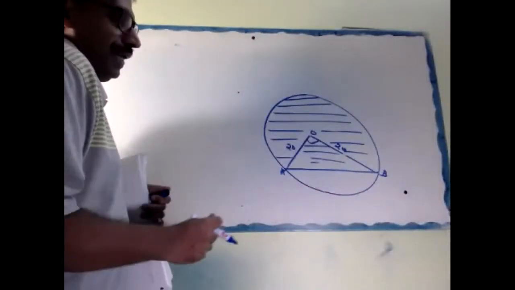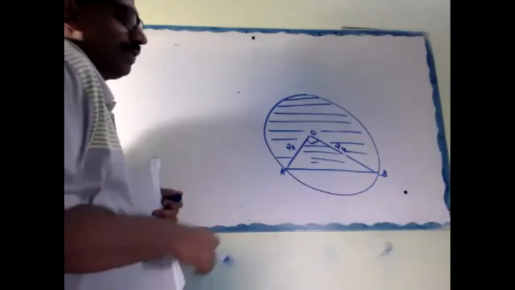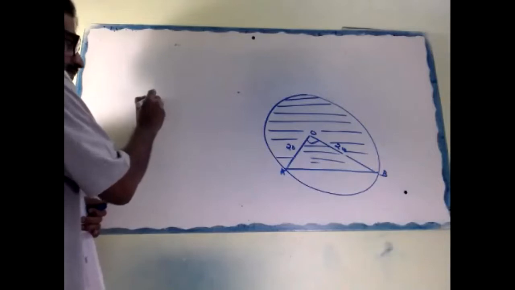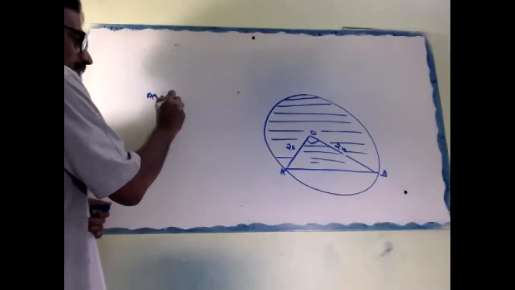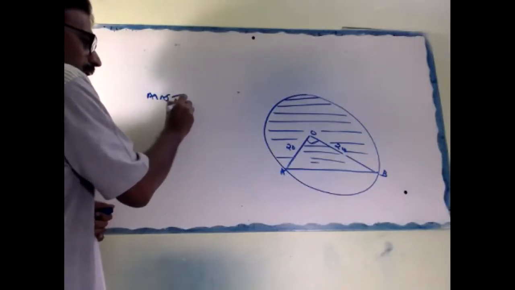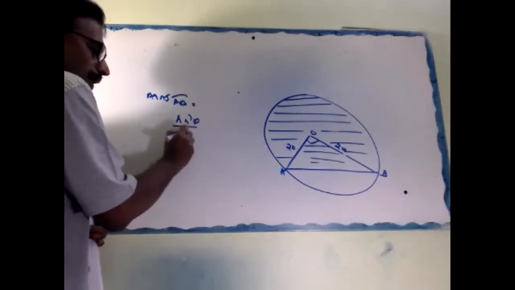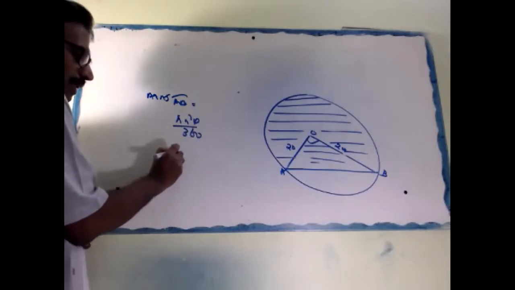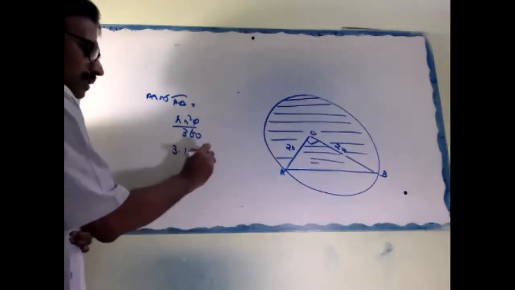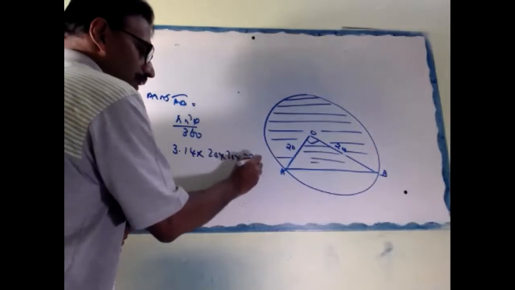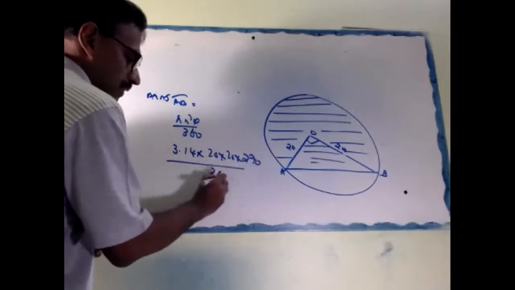Okay, we can find area of the major sector AOB. Pi r square theta by 360. 3.14 into r is 20 into 20, 270 divided by 360.